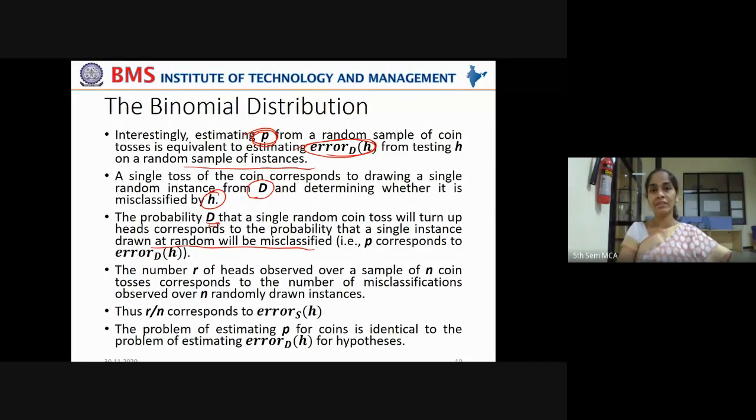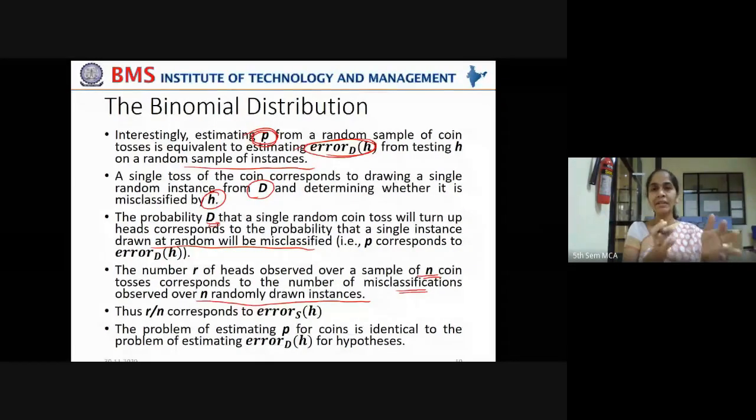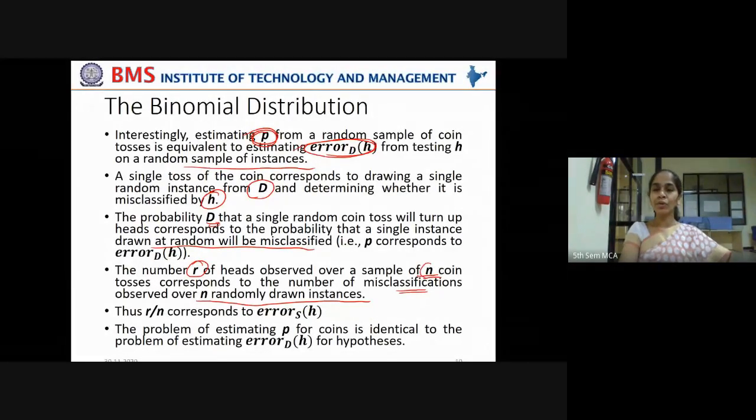If it is highly different, then we say the model is not performing well, or not performing with sufficient accuracy. Now, the number R of heads observed over a sample of n coin tosses corresponds to the number of misclassifications observed over n randomly drawn instances. We are just relating them. Both are different types of problems, but we are understanding it in the simplest way and trying to relate it to our complex problem.